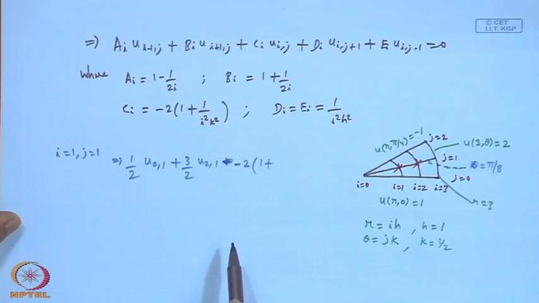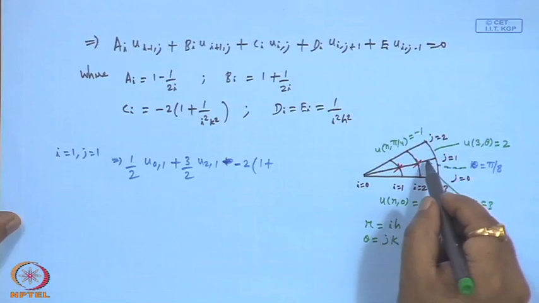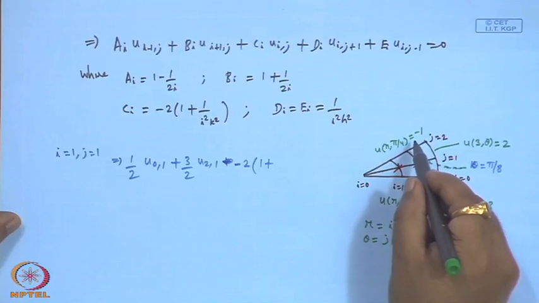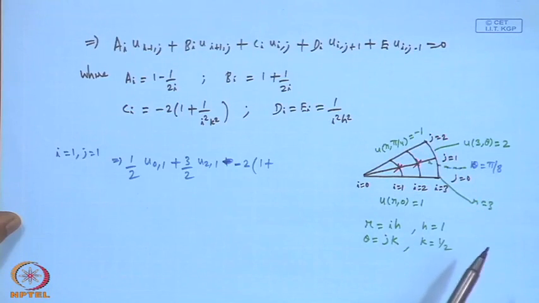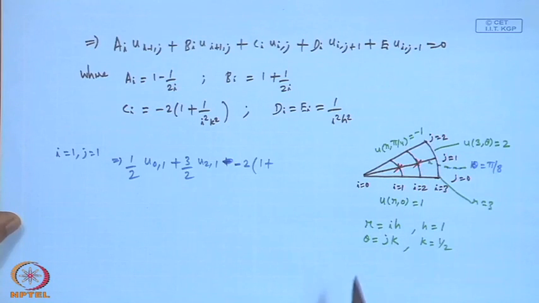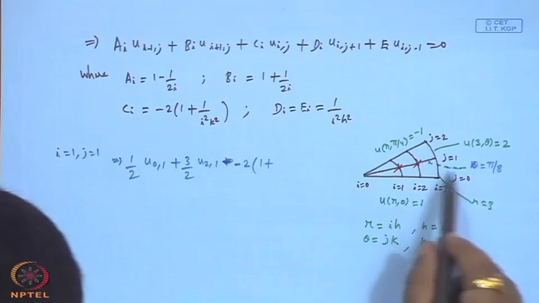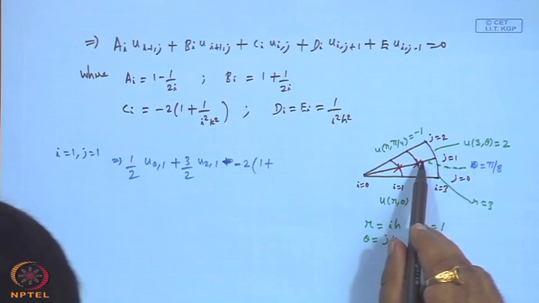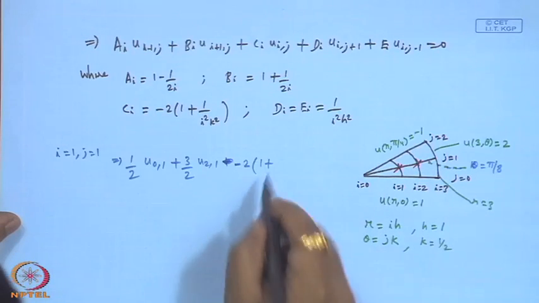Okay. So, pi by 8, then, yeah, okay. So, this is pi by 4, half of it, okay, yeah.